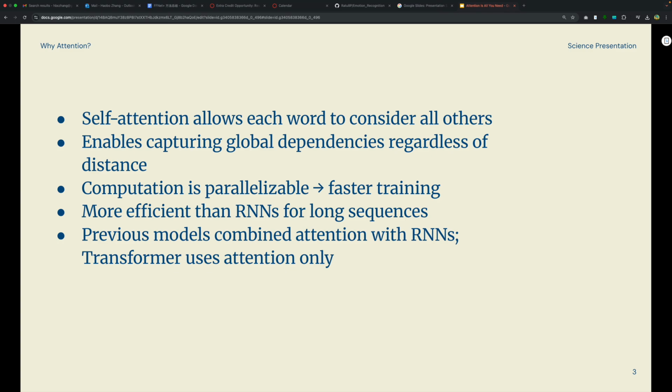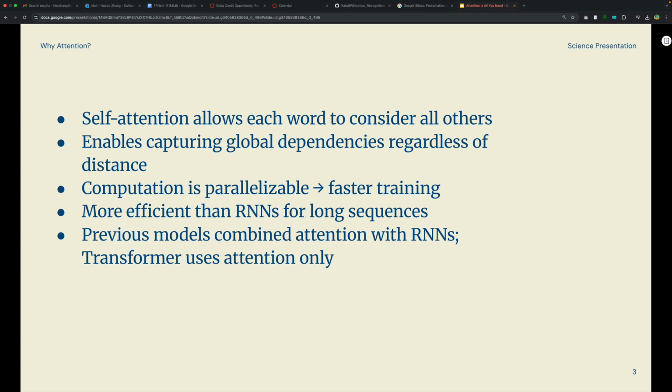This makes it difficult for them to capture long-range dependencies effectively. The attention mechanism addresses this problem by allowing each word in a sentence to dynamically focus on other relevant words, no matter how far apart they are.